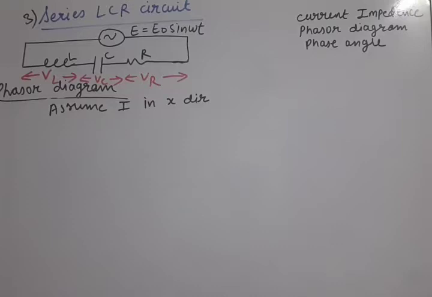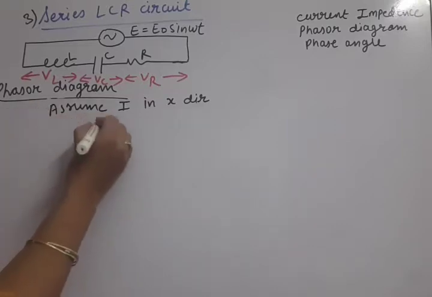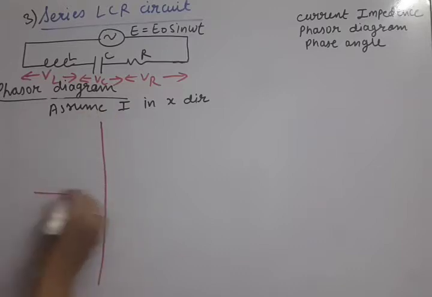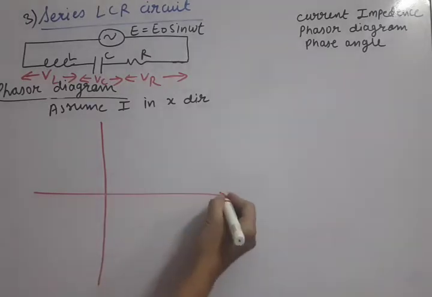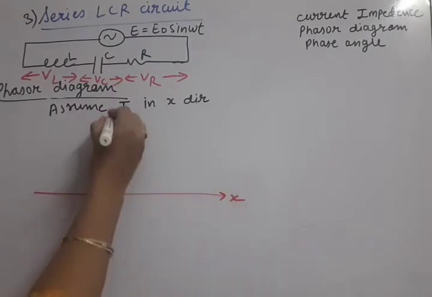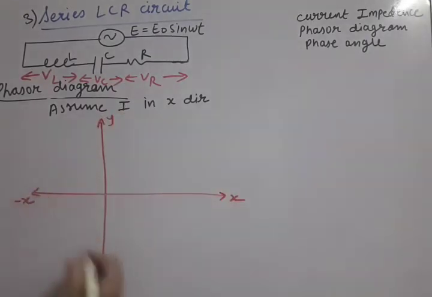So let us start drawing the phasor diagram. First of all, the phasor diagram requires the quadrants. So here this is plus x axis, this is plus y, this is minus x and this is minus y axis.